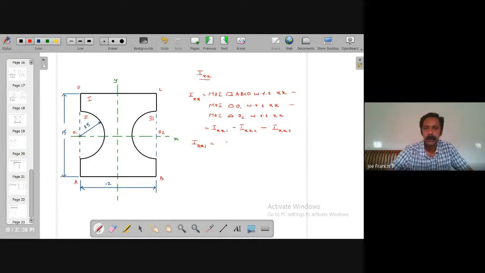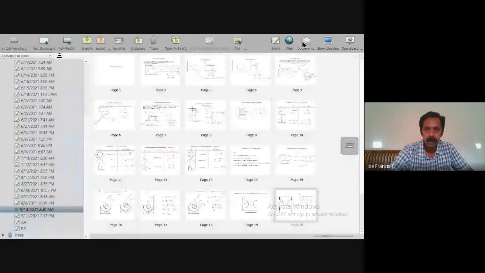You might remember, we can look at the tabular column.